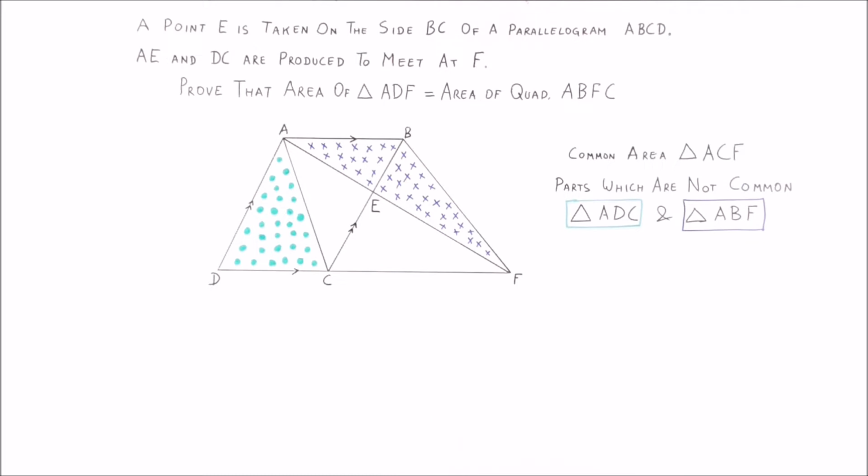And the parts which are not common are the triangle ADC and triangle ABF. So that's the cross triangle, the triangle with the cross, and the triangle with the dots. Now, what's your task? Your task is to visualize a third triangle which will connect these two triangles. Alright?